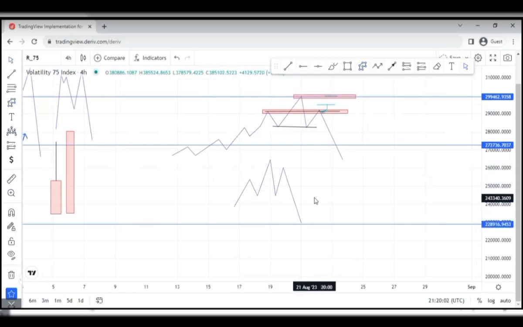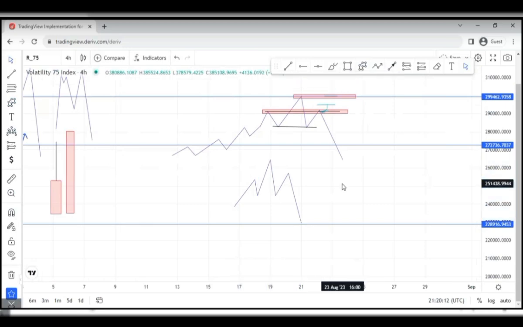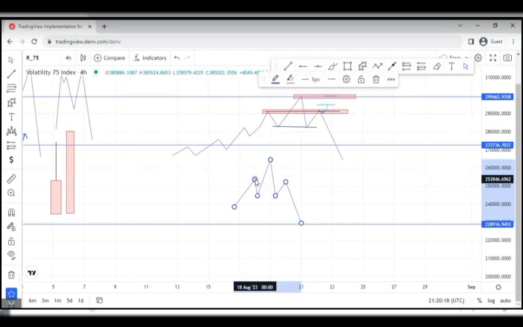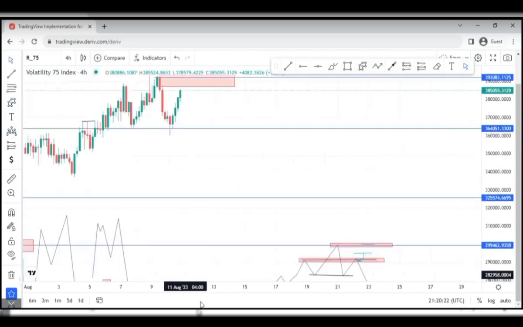Sometimes you won't even know it was a head and shoulder if you don't look well. It could be very little. Different kinds of head and shoulder. Sometimes it could even be longer like this. That's just the market for you guys.